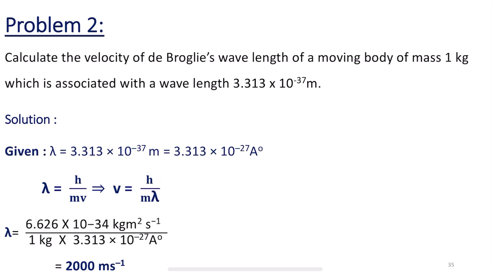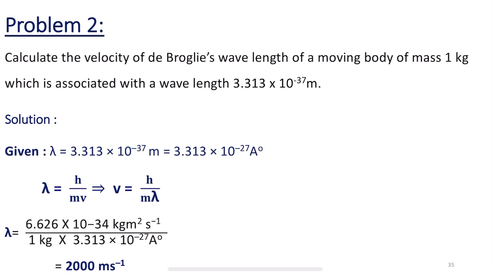Substitute all the values. The Planck constant value we know, mass is given as 1 kg, into the wavelength 3.313 into 10 raised to minus 37. So what we are going to get is 2000 meters per second.